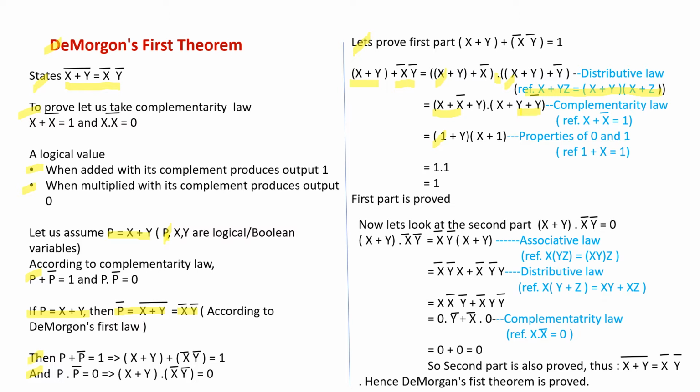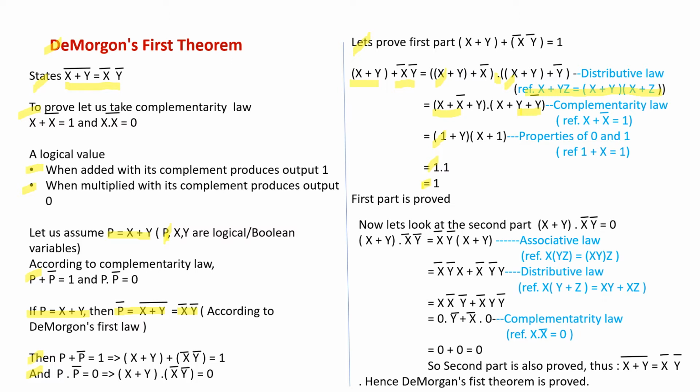We will use the properties of 0 and 1. According to this property, 1 or x is equal to 1, and we do the replacement in the expression and get 1 and 1, and we know that 1 and 1 is nothing but 1, and we can see that the first part is proved.